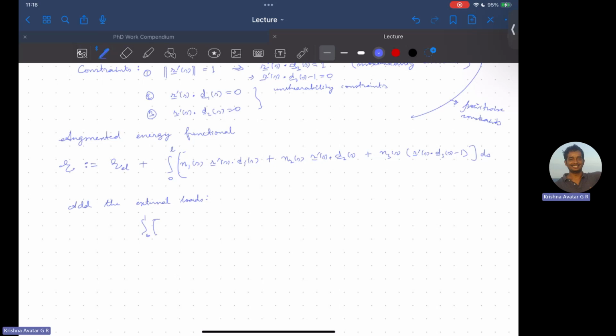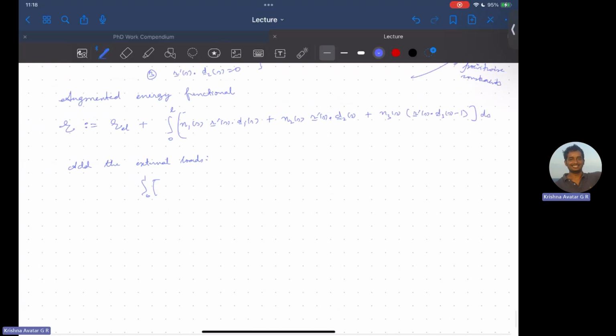So we'll add in terms of delta W. This entire thing we can call E constraint, E cons. So here delta W will be equal to the integral of P of S dot delta R of S ds.